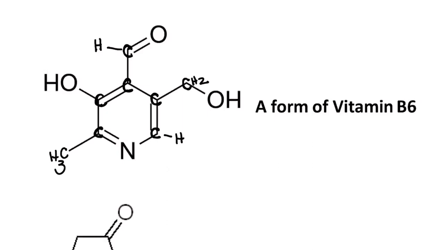So let's go through the following structure. Starting with the top, I have a carbon double bonded with oxygen, single bonded to a hydrogen. What is that called? Great, thank you, Kiyomi. That is an aldehyde.